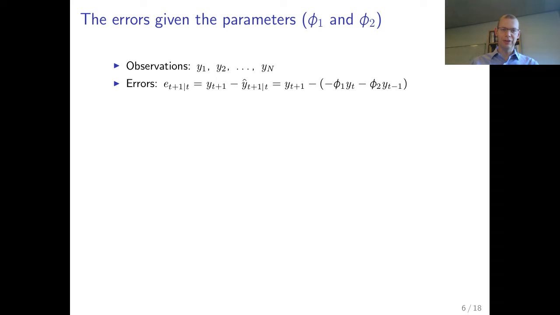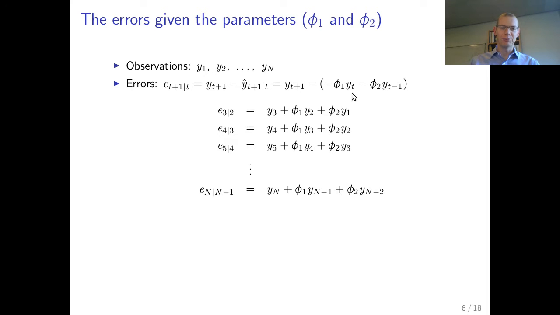Okay, so what do we have? We have some observations. For each observation, there is a one-step prediction error, epsilon t+1 given t. We have the prediction, and then we have the observed value. We can write it up for each of them.